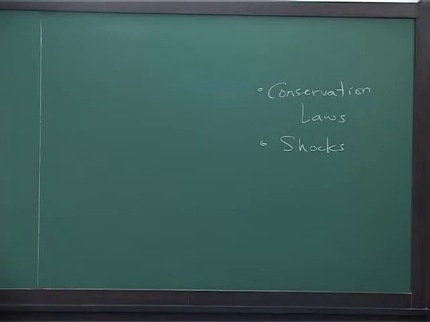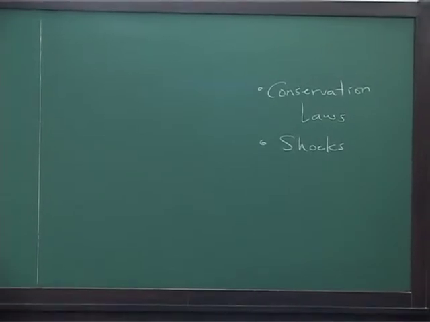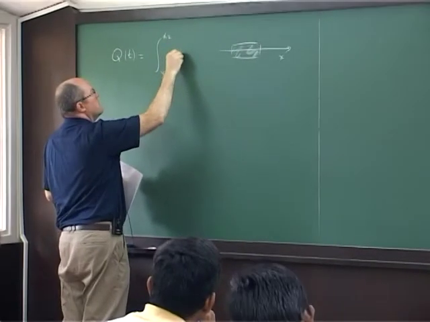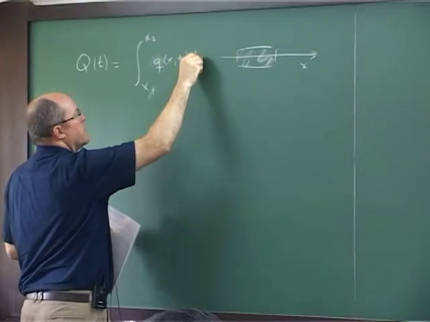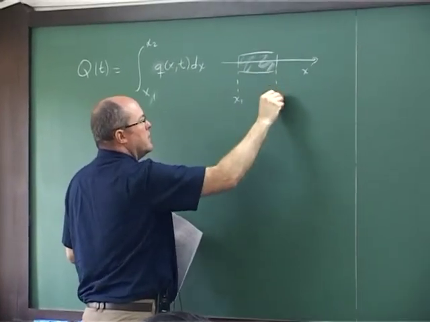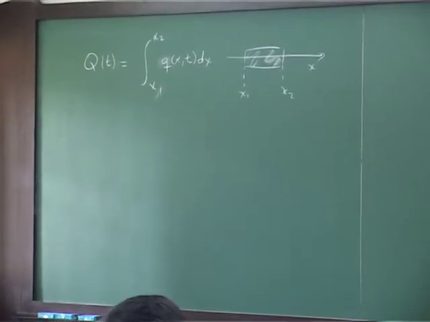I can define a density such that the total quantity of this conserved quantity at a given time is an integral from x1 to x2 of little q(x,t) dx. So I've got an x1 and an x2, and I'm integrating over that portion of the line.